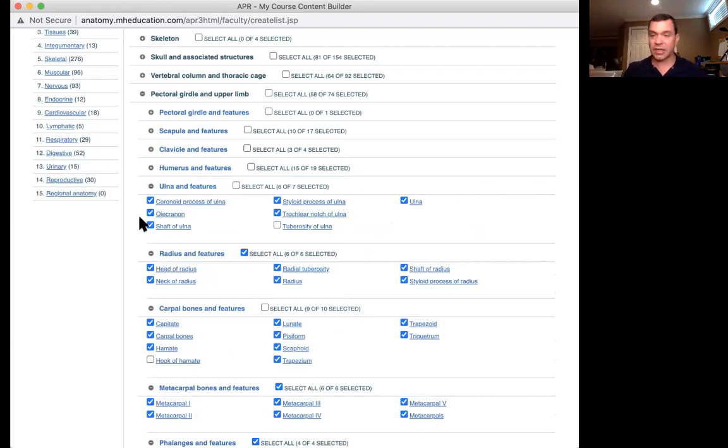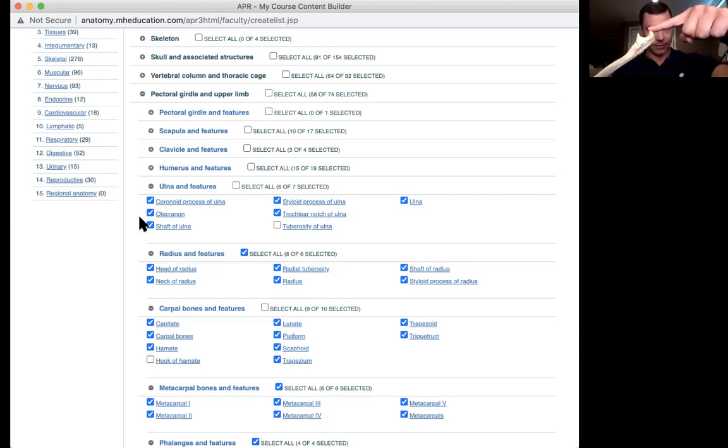We have the ulna and we have the radius. Again, like I said, the ulna tells you what it is because it's the U right there. The radius has a round head to it. Radius, round. Pretty easy to remember. So we have the ulna here. I have the olecranon process, now just called the olecranon. Here is the olecranon.